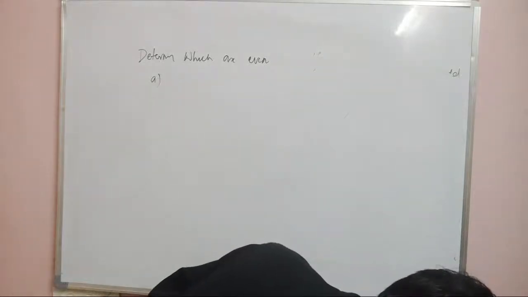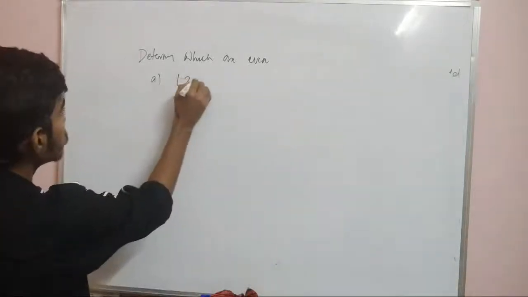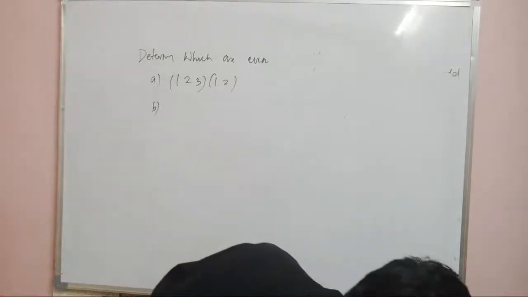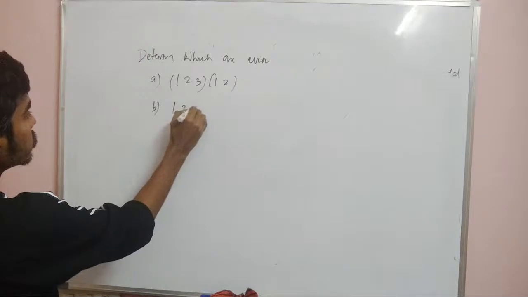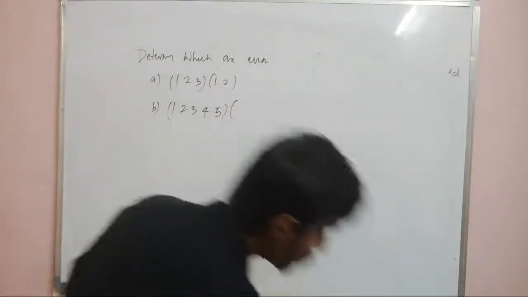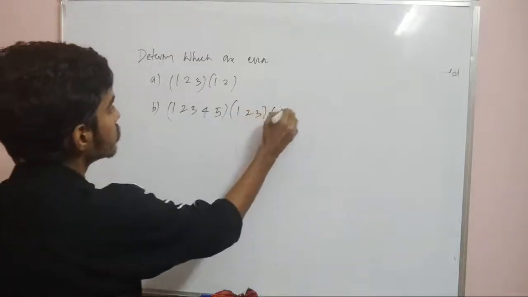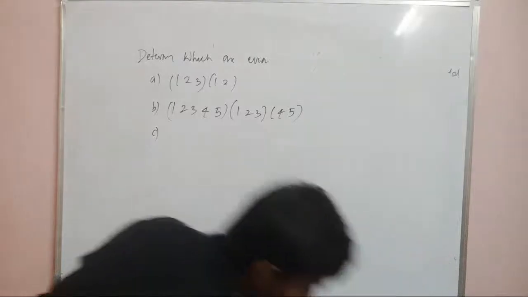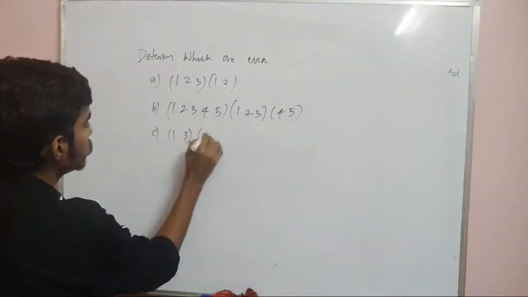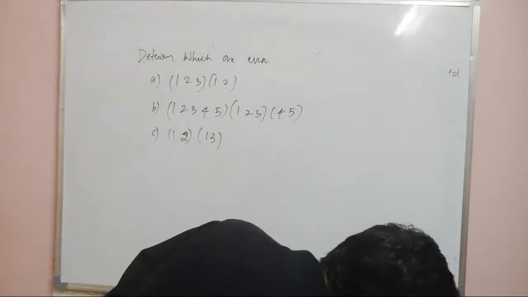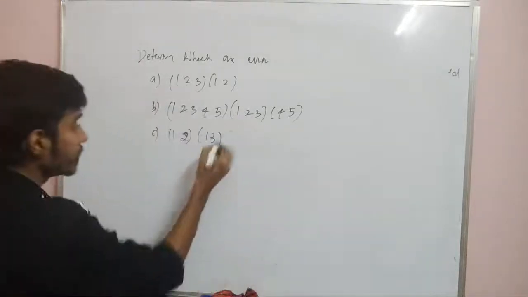The first problem is (1 2 3), B is (1 2 3 4 5), they are given as cycles. And C is (1 2)(1 3)(1 4)(2 5)(1 2)(1 2)(1 3)(1 2)(1 3)(1 4)(2 5).